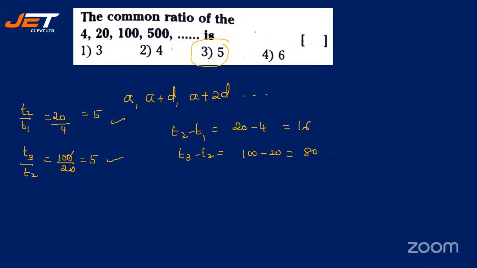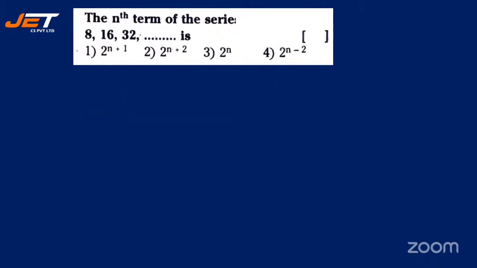All right. See the next question: the nth term of the series. What is it? Nth term means A plus n minus 1 into D. So what is A? 8 plus... Again, you need to find out whether this is AP or GP, right?